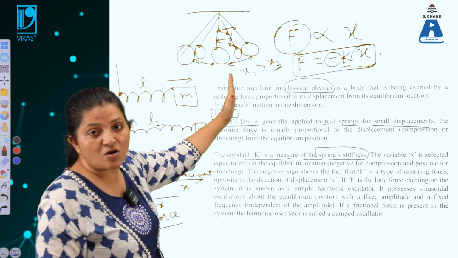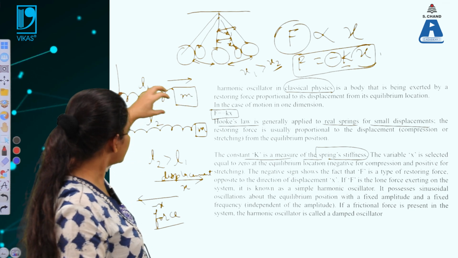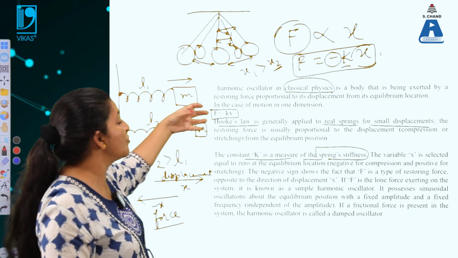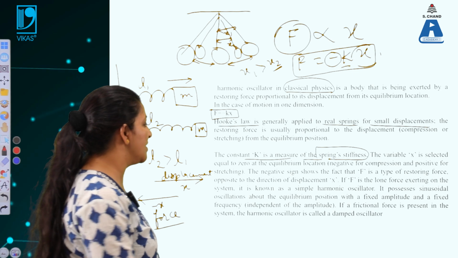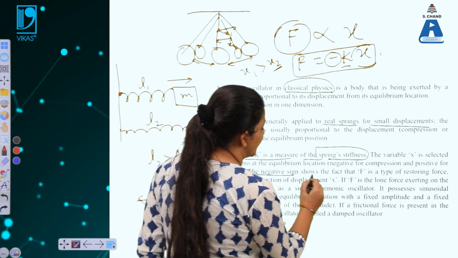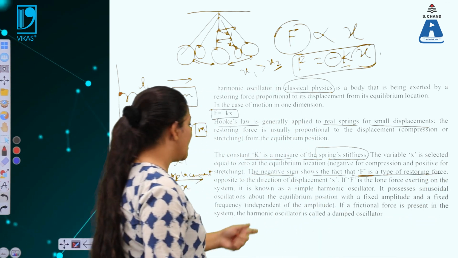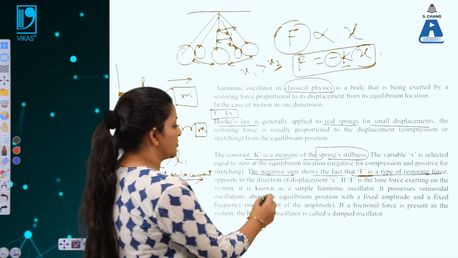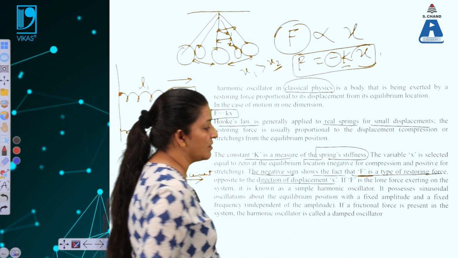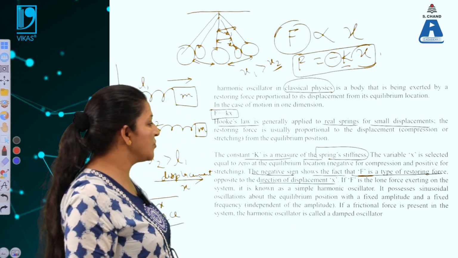So the negative sign shows that the force F, which is a restoring force, will act in the opposite direction to the displacement.